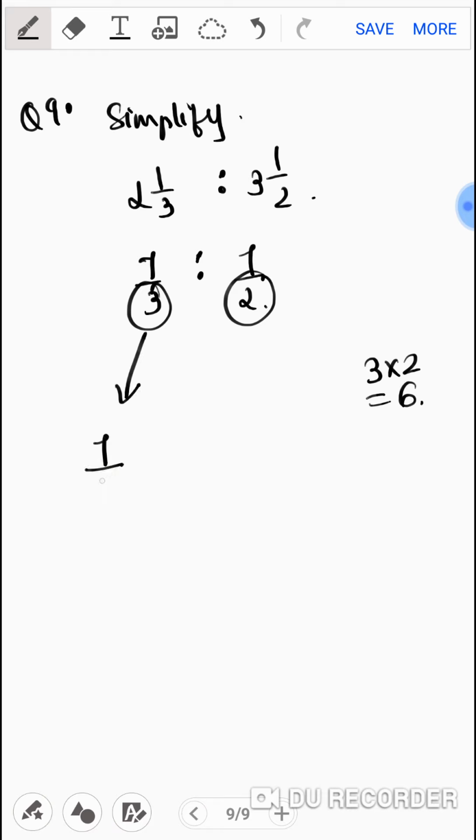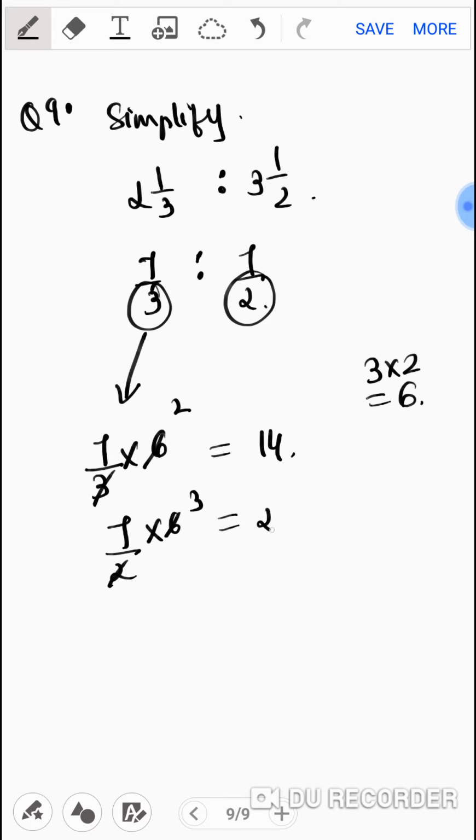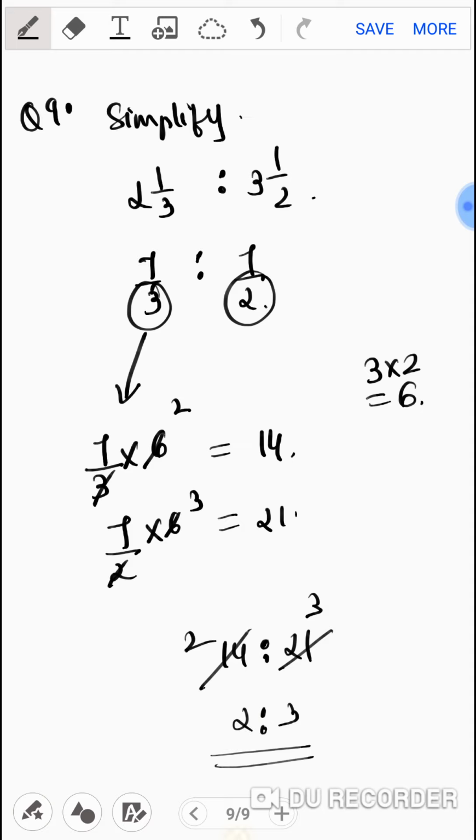You have to multiply each part of your ratio with 6 to get your answer. So I got my answer as 14 is to 21. My dear kids, this can be further reduced by the table of 7, that is 2 and 3.